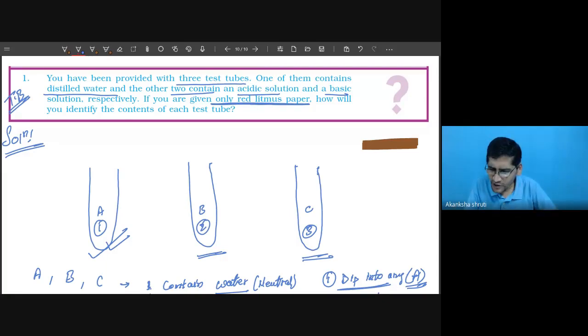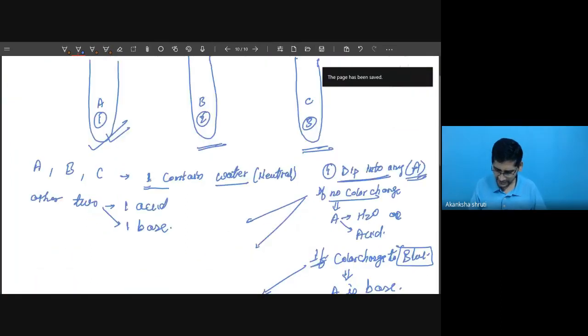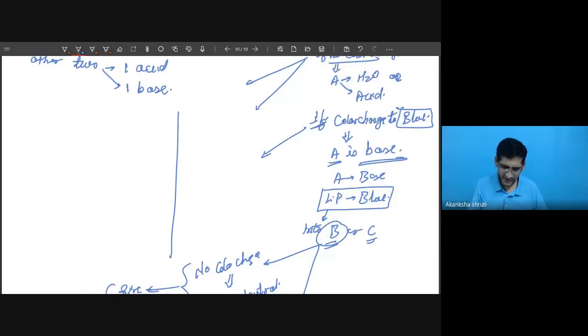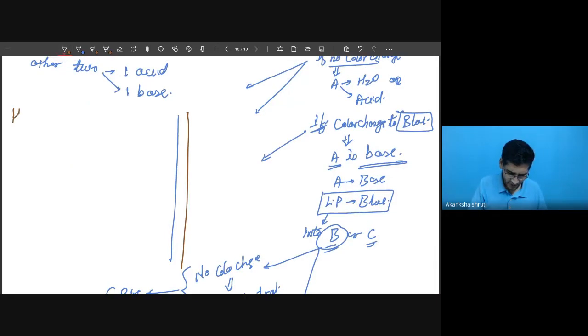Okay, let me stop the class here. Any student, if you have any doubt, then please ask. Otherwise, tell me the homework. What homework do we have to do? So this question you have to write in your notebook, the textbook of science.